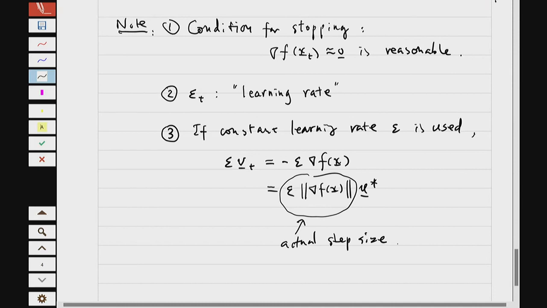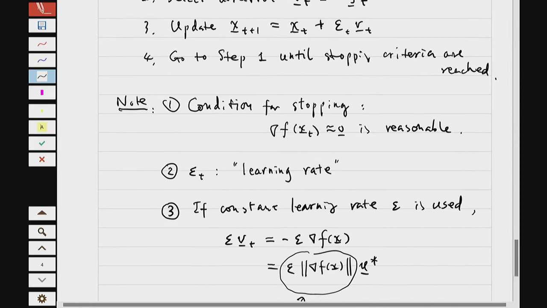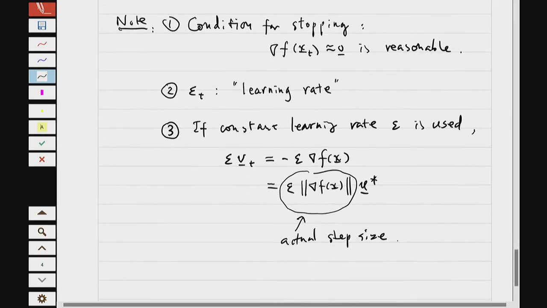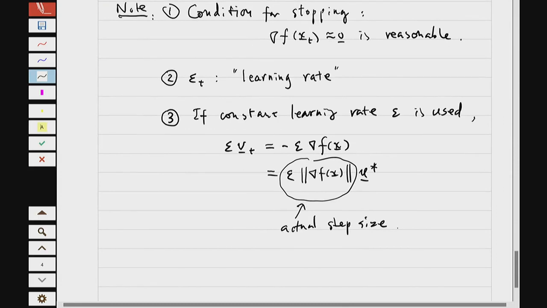So when you program your code in this way, and specifically that's implemented in PyTorch and almost all of the other libraries that do machine learning, they always do it this way. So in fact, when you use the constant learning rate, your actual step size is diminishing as you get close to the optimal point.